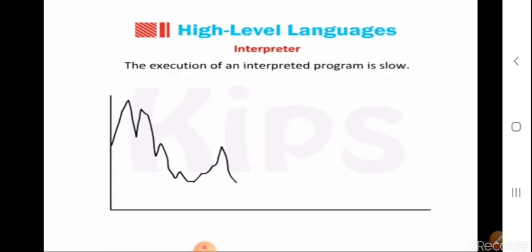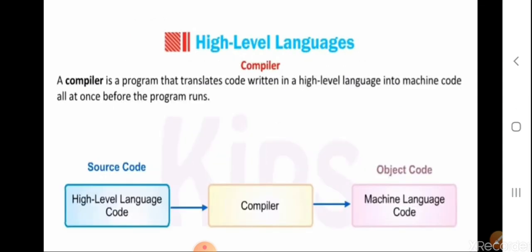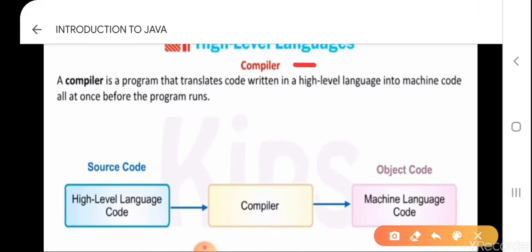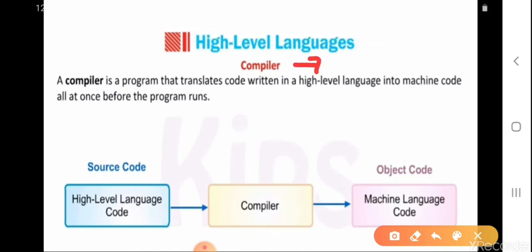Now, the execution of an interpreted program is slow. Why slow? Because it converts one line at a time. On the other hand, we have one more type of language translator, which is called the compiler. Students, please note the spelling of compiler.